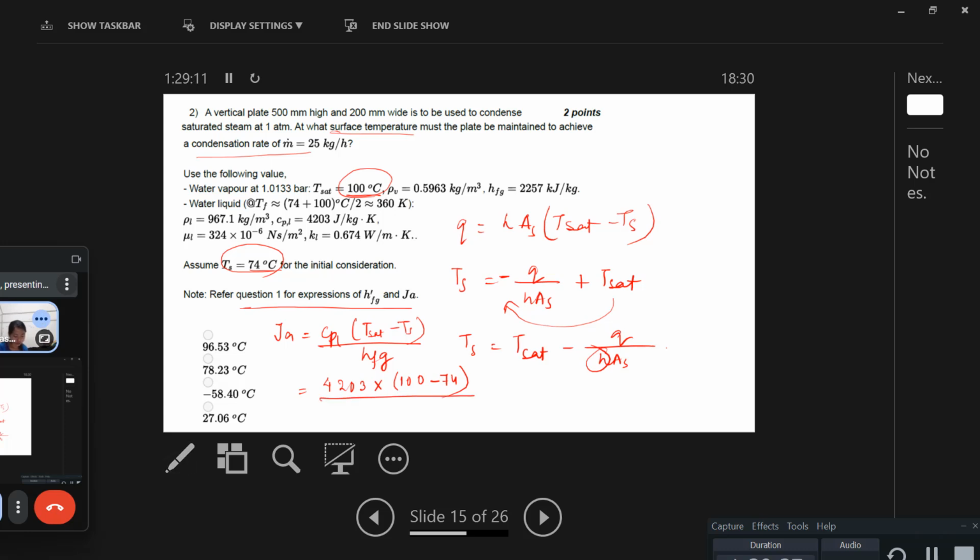divided by HFG. HFG is 2257 into 10 cube.